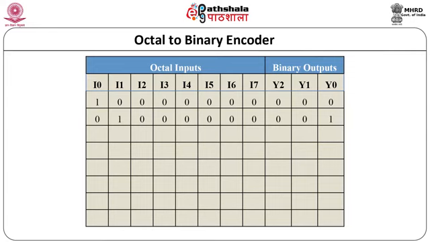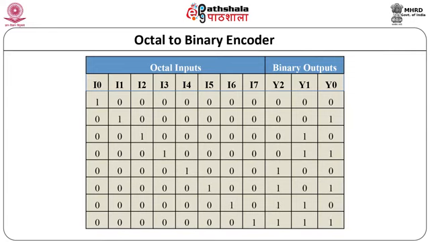Using this principle, we can prepare the truth table for all remaining inputs. The output of the encoder provides the necessary outputs from 0, 0, 0 to 1, 1, 1 respectively. There are in all 8 possible input conditions. In the truth table, the input variable I0 represents least significant digit LSD and I7 represents most significant digit MSD.